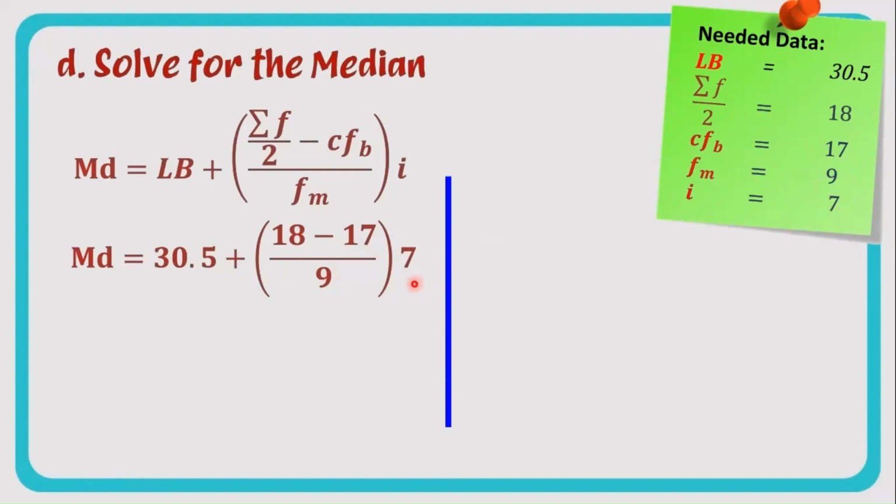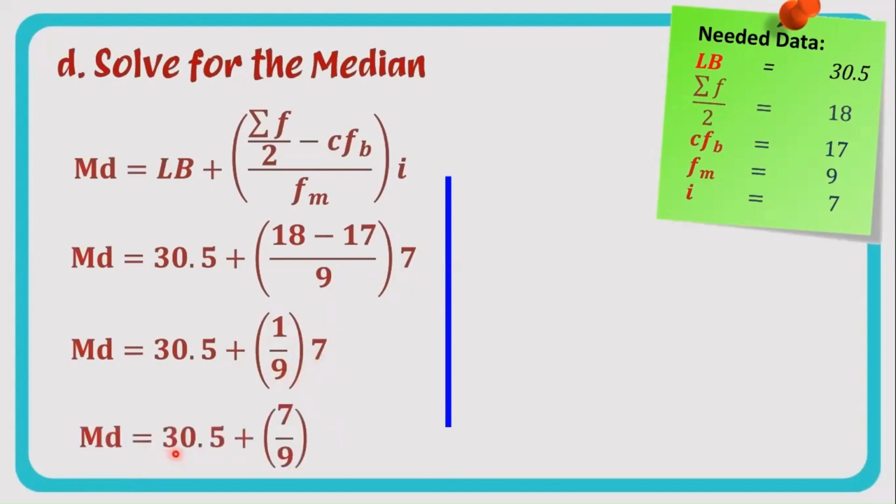This time, we need to simplify this step by step. First, we simplify the numbers inside the parentheses. 18 minus 17 is equal to 1. Let's just copy the other numbers. So here, 30.5, still copy, plus 7 over 9. So we multiply the 1 and the 7 outside the parentheses.